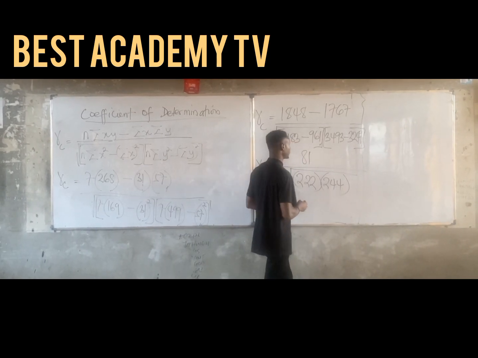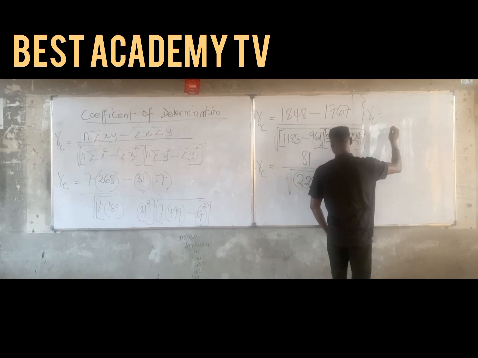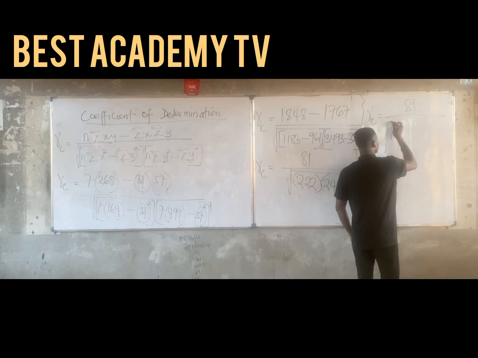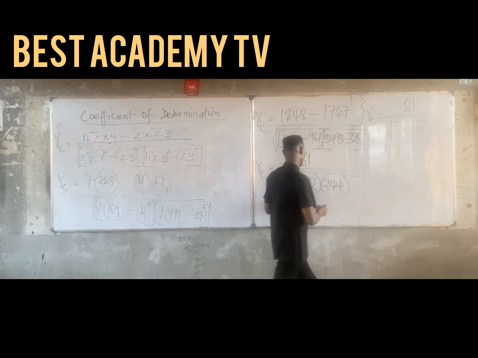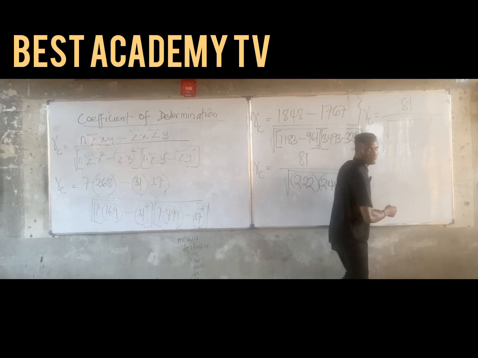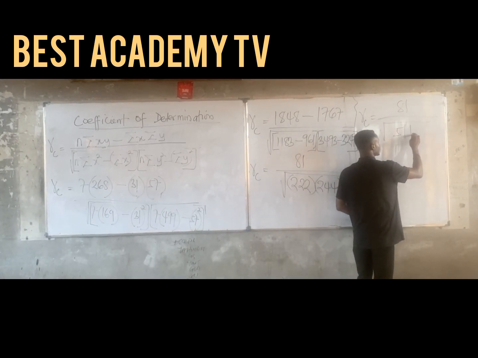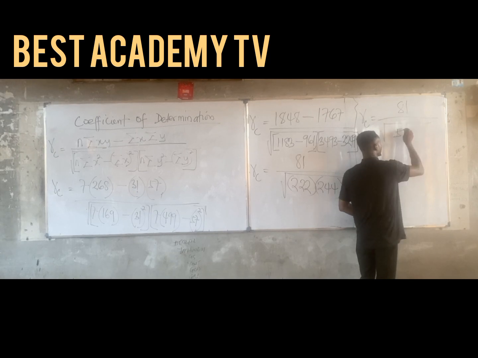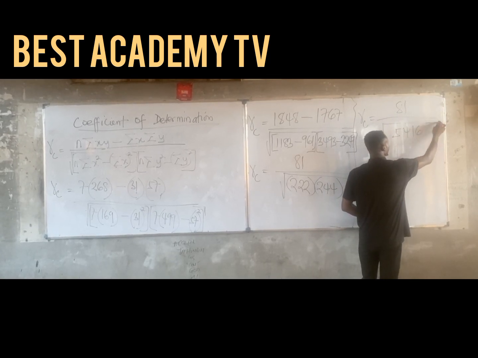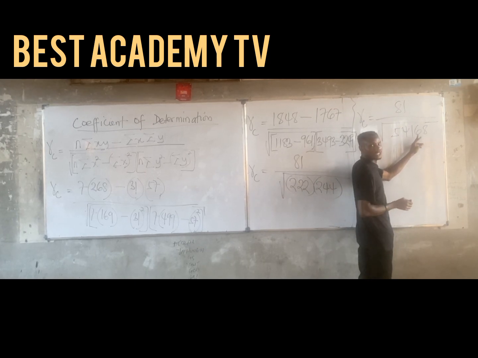Okay, finally here, let's go here. So this will give us arrow C here will be equal to, class, 81 over square root of, punch everything here, 222 times 244. What is the answer there? 54168.